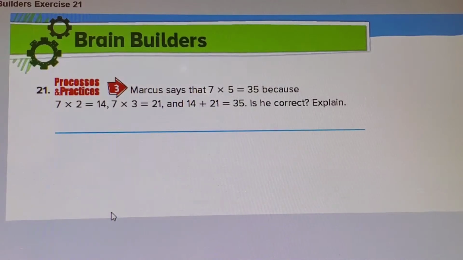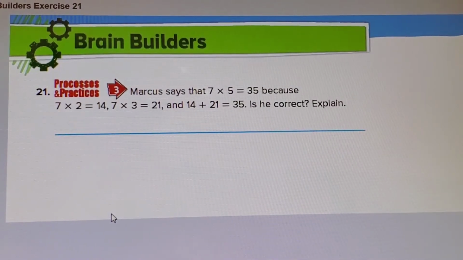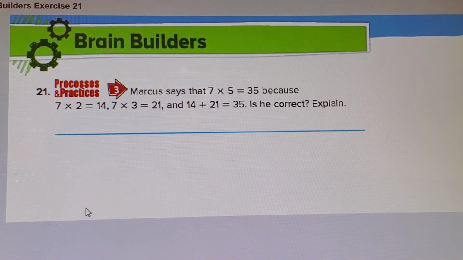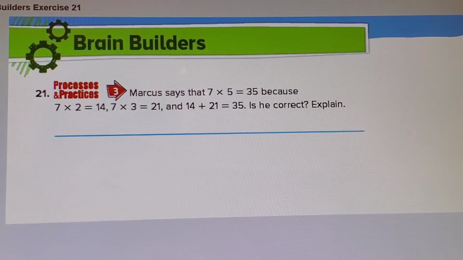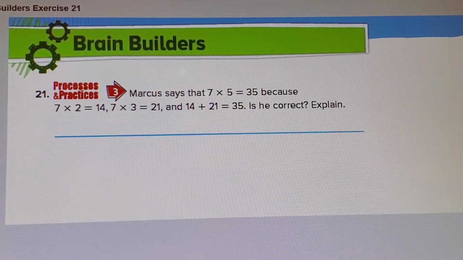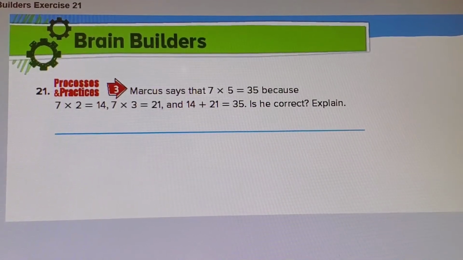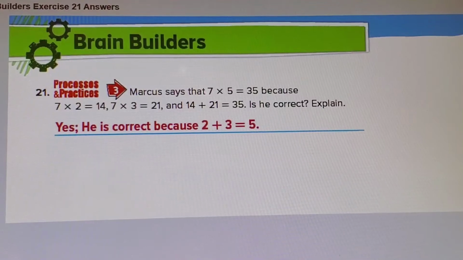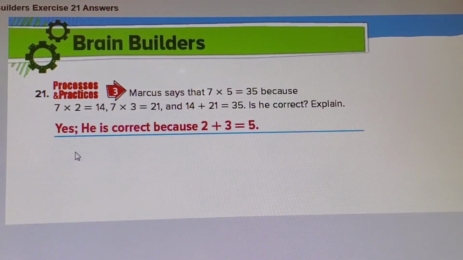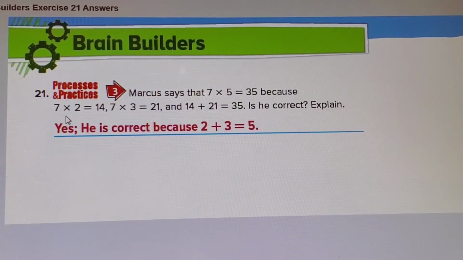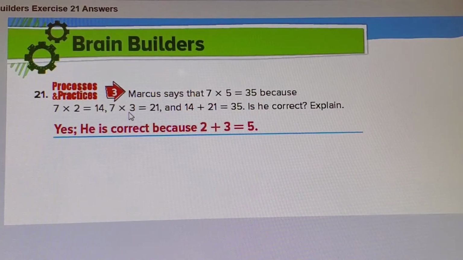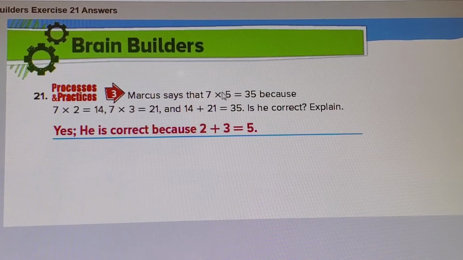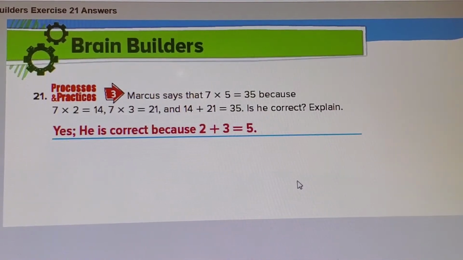So take a minute here and see if you think he's correct with what he's done. And why or why not would it be correct? Yes, he is correct because 2 plus 3 equals 5. So here he multiplied 7 by 2 and then 7 by 3 and 2 plus 3 equals 5, which is what he multiplied by here.